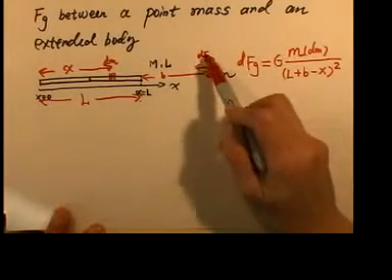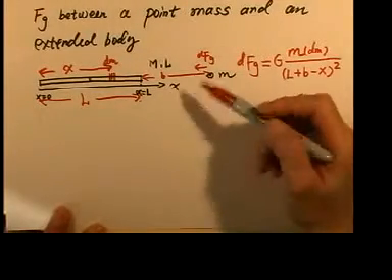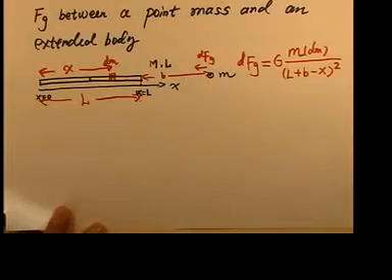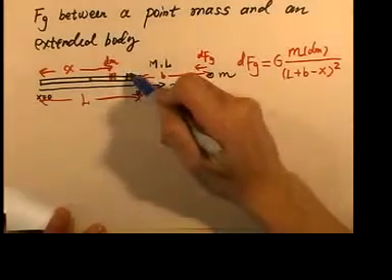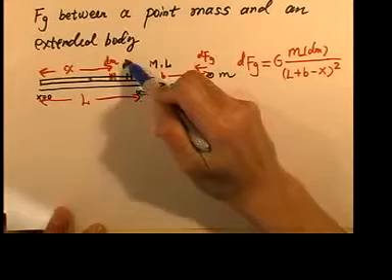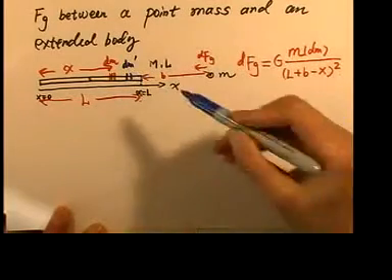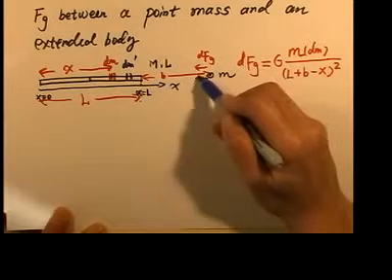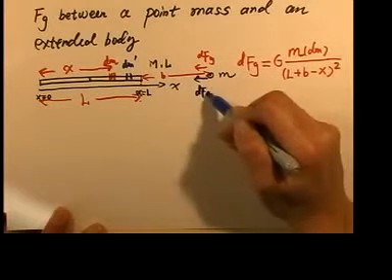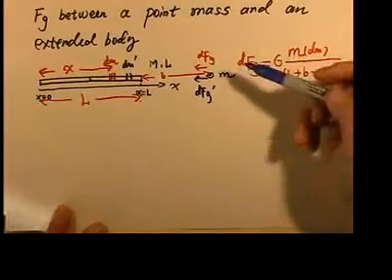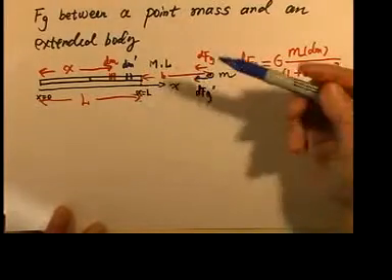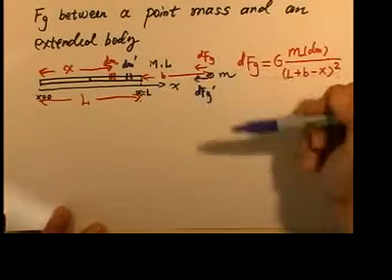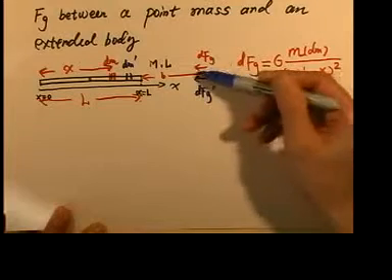Now be very careful, this dFg is a vector. However, you can imagine if we cut another piece, look at the blue one, called dm prime. If that point mass exerts a force on this m, let's call it dFg prime. Because this is always an attractive force, dFg prime has the same direction as dFg.